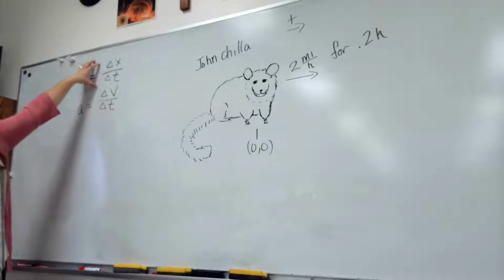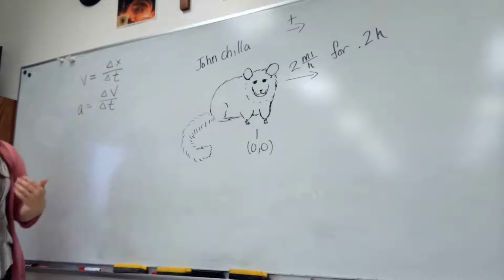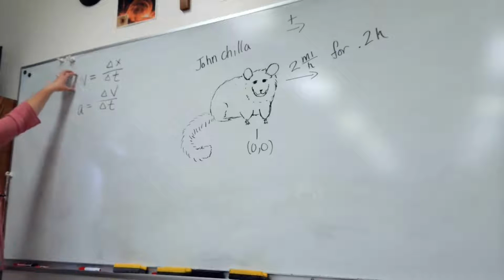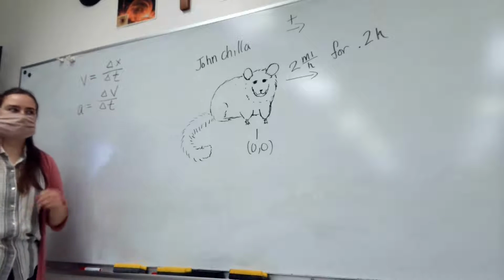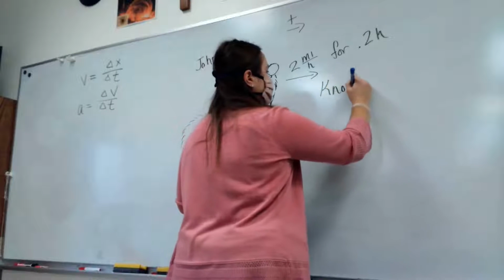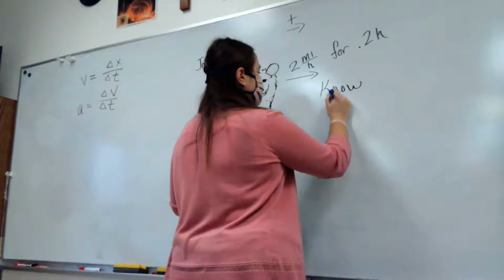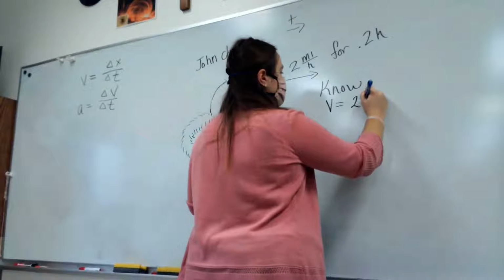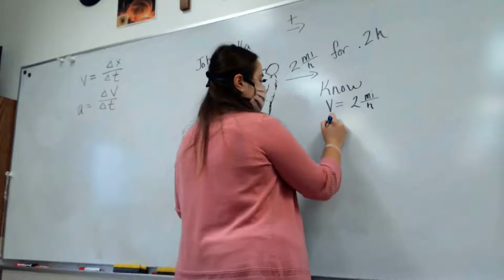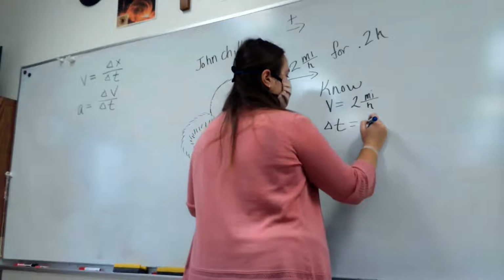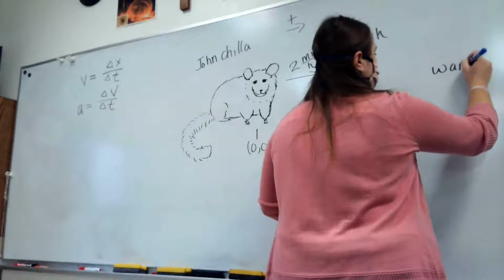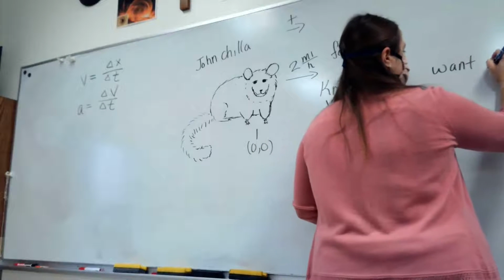So what we're going to do is we're going to take this equation and move the variables around, so that we actually get an equation for what we want, okay? So what we know is that our velocity is 2 miles per hour. Our time, or our delta t, is 0.2 hours, and we want our distance.